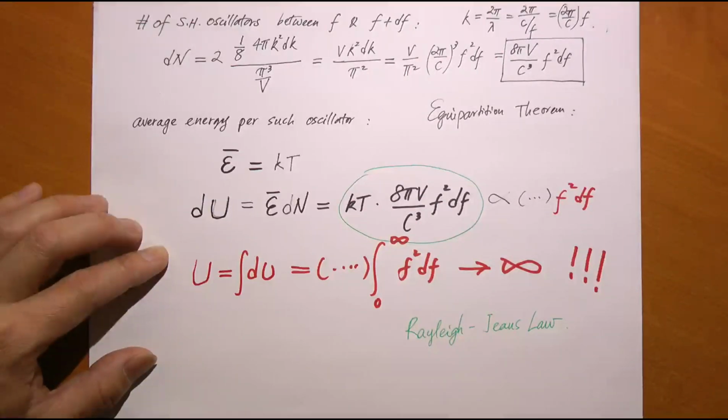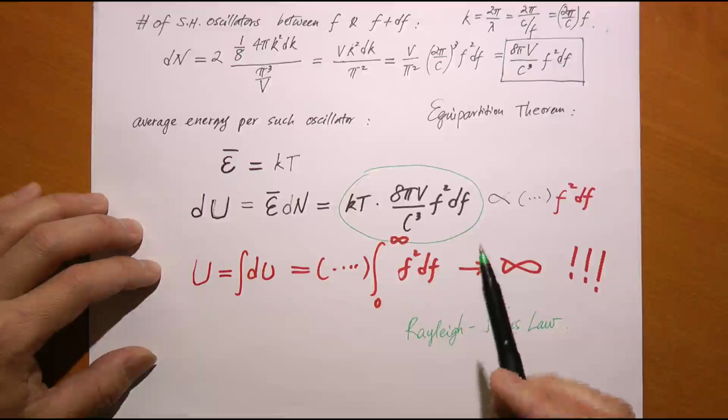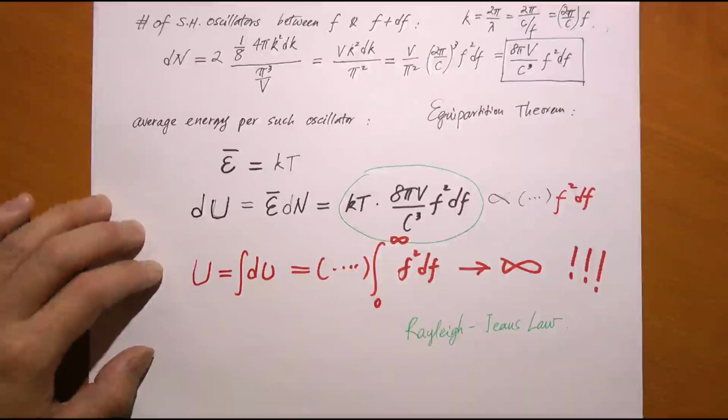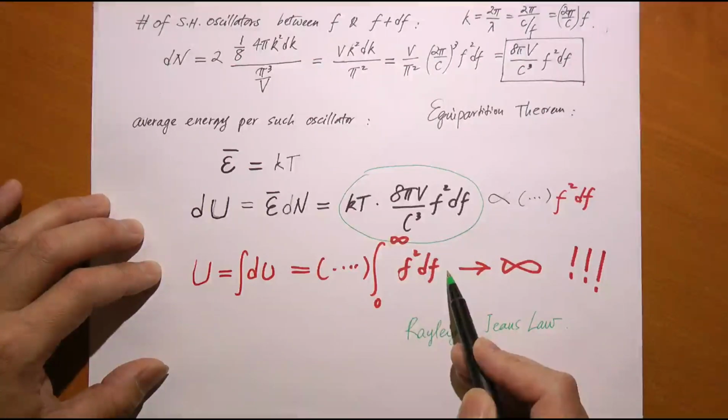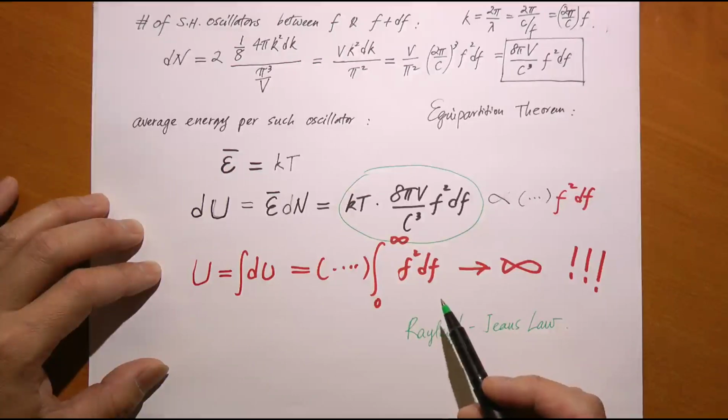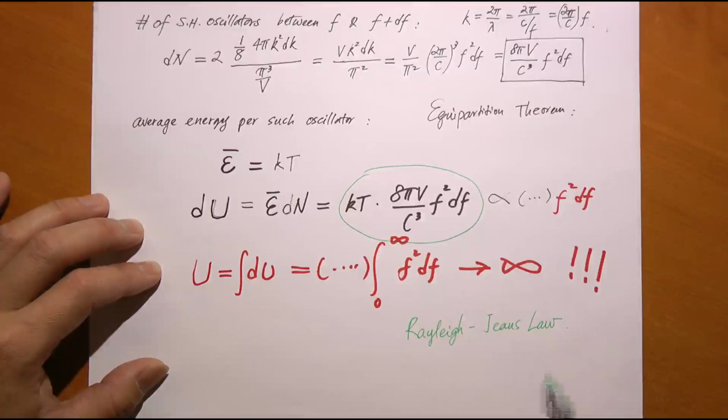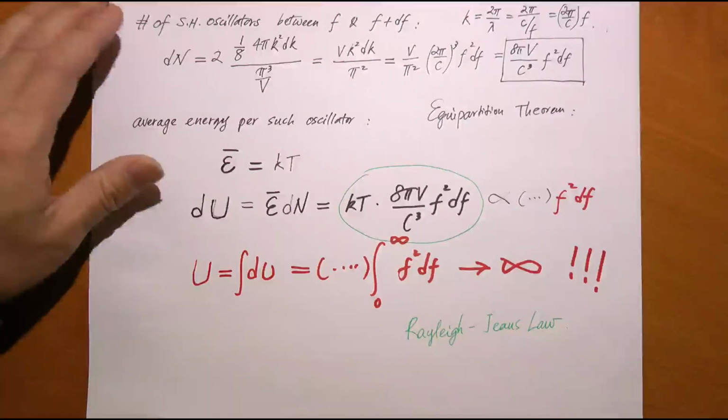This expression actually works quite well for long wavelengths or low frequencies. Remember, the problem happens at high frequency range, right? And it deviates from the experiment more and more as the frequency gets higher and higher, or the wavelength gets shorter and shorter. So the problem that we have exists at high frequency, not at low frequency. We'll see in a minute why that is the case.